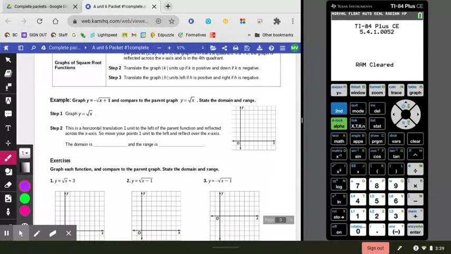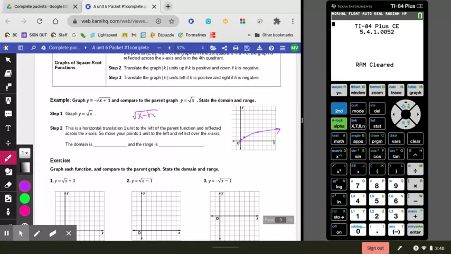So example, graph negative square root of x plus 1 and compare it to the square root of x. So we start by graphing radical x. So that's 0, 0, 1, 1, 4, 2, and 9, 3. Now this is a horizontal translation 1 unit to the left, because remember it's square root of x minus h.